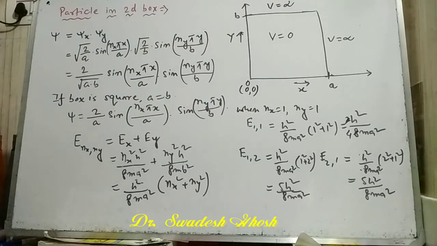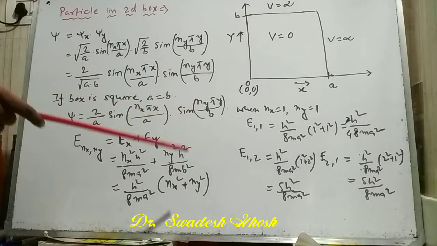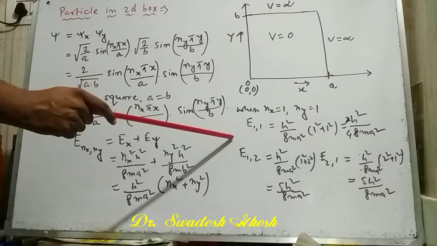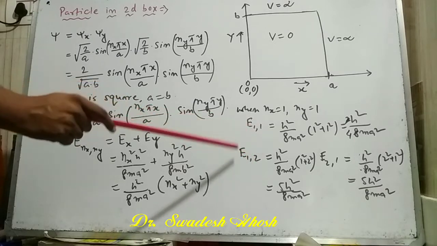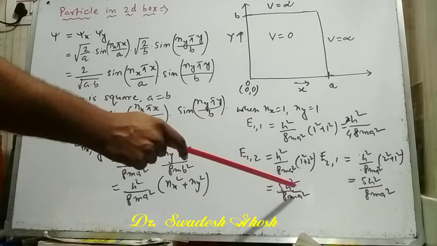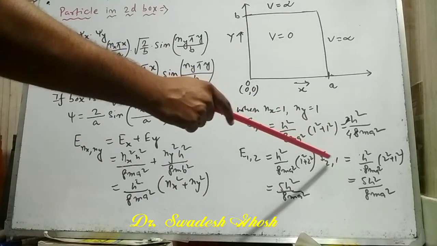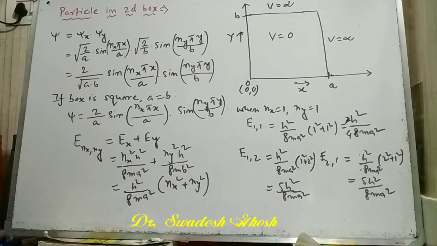But in case of the first excited level, the ground level is basically the E1 level, and the first excited level is the E2 level. In the E2 level, one quantum number is 2 and another quantum number is 1. So in the first excited level, E12 means nx equals 1 and ny equals 2, then the value of the energy is 5h square by 8m a square, whereas nx is 2 and ny is 1, and this is also the first excited energy level.